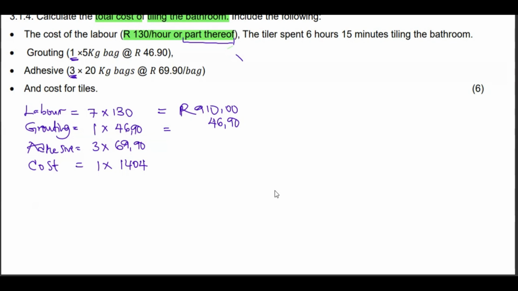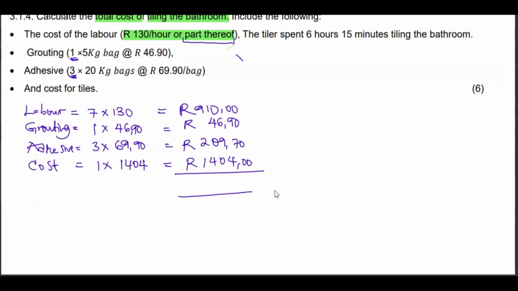Comma 90 times 3. We've got the answer as 209 rand 70 cents. Here, definitely the cost is 1,404.